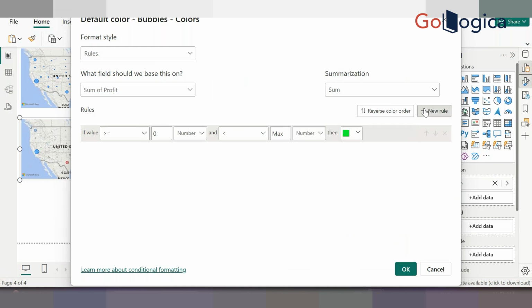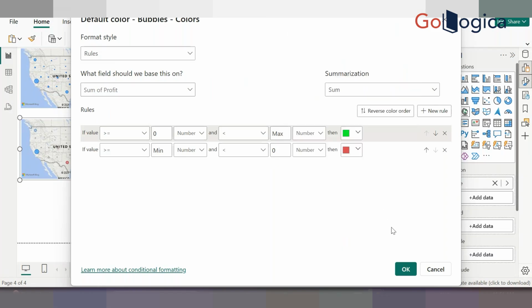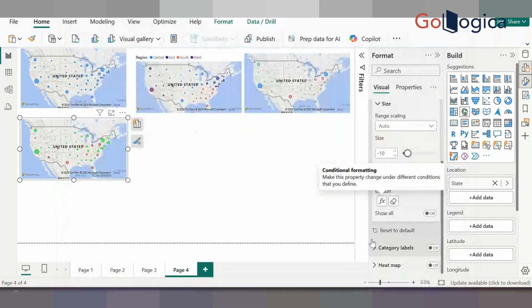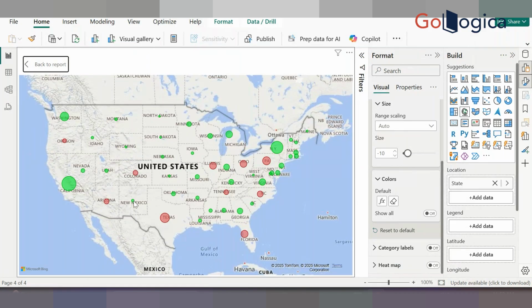And if it's not, I can add another rule: if the profit is greater than or equal to the lowest value and less than zero, the negative range, I want to show it in red, or you can show it even with blue, to mark where we have a positive profit and where we have a negative profit.